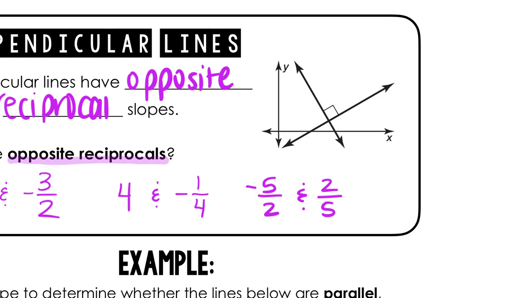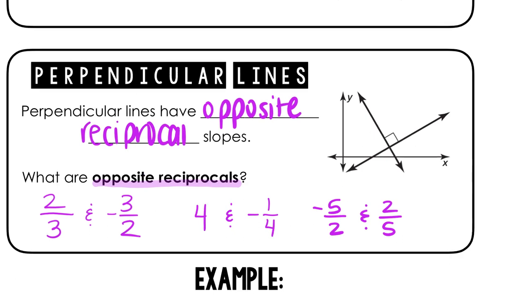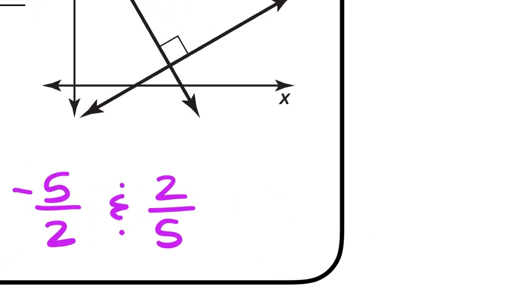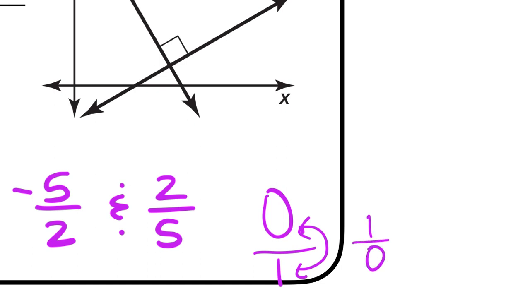The last one that I want to show you, and I'm running out of room here, one more opposite reciprocal would be something like this. Let's say we have the number 0. Now 0 is an interesting number because if you put a 1 under a 0, you actually can't flip this upside down. If you tried to flip it upside down, it would be 1 over 0, and that does not exist because you cannot divide a number by 0.